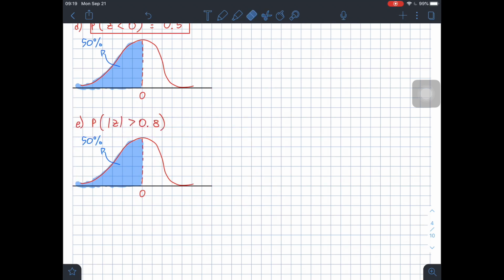What does the absolute value of C represent? Remember that whenever we have absolute value greater than 0.8, this means that C could be less than negative 0.8, right? And at the same time, the value of C can be something greater than positive 0.8, right?